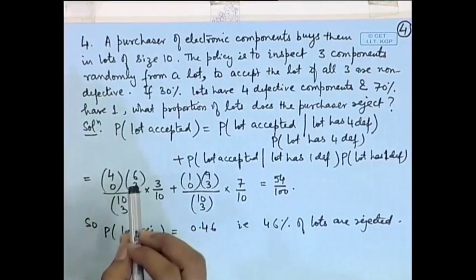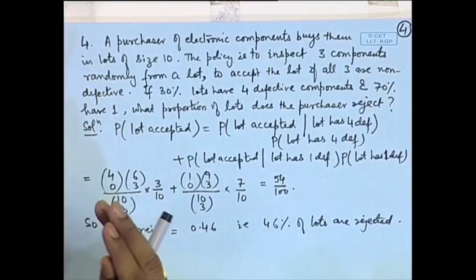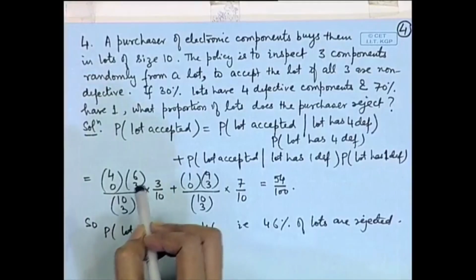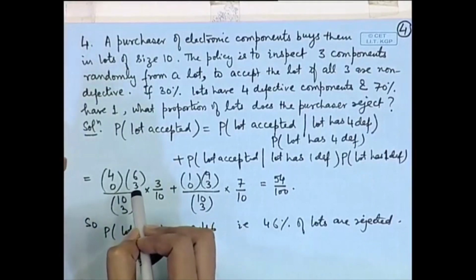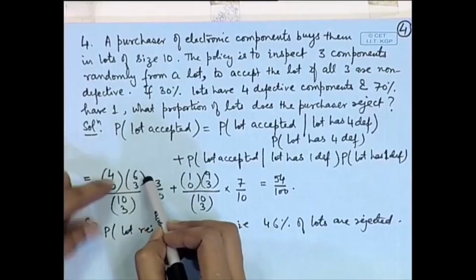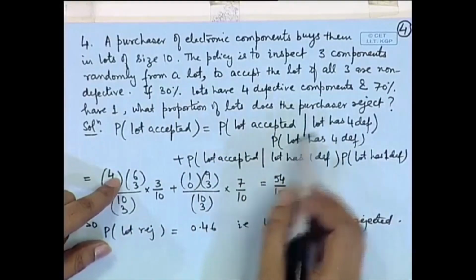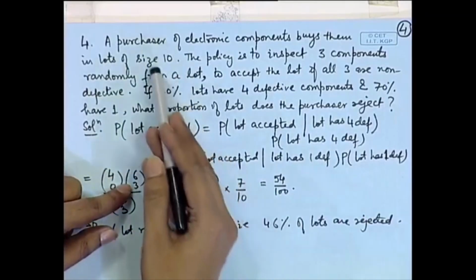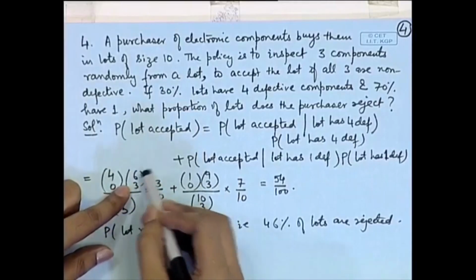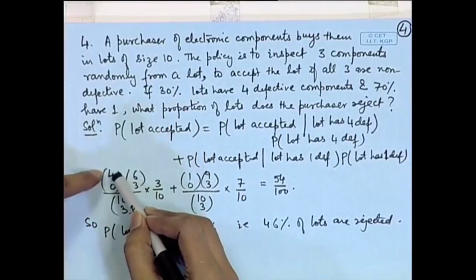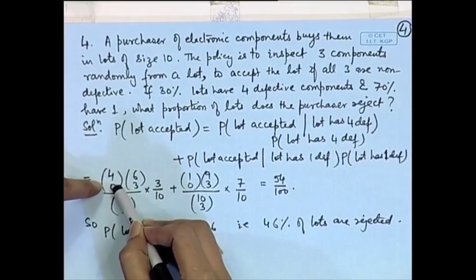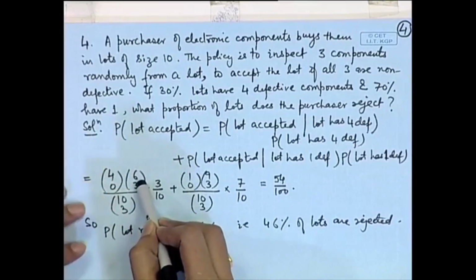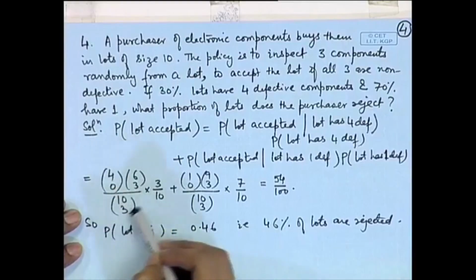The lot will be accepted if all the 3 items checked are good ones. Since the lot has 4 defective, 6 will be good. So, the 3 which the purchaser has selected must be all good. So, it is 6 C 3, and out of the bad ones none is selected. So, 4 C 0 times 6 C 3 divided by 10 C 3, which is the hypergeometric probability.